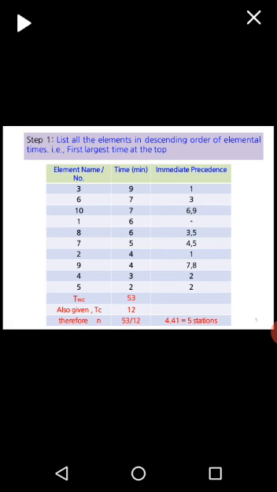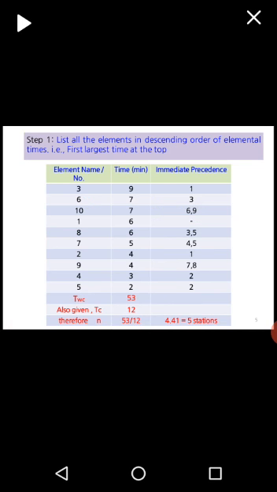For element 9, 4 is the time in minutes and its precedence is 7 comma 8. Next time is 3, its element number is 4 and its precedence is 2. And finally the time 2 minutes, for that the element number is 5 and its precedence is 2.